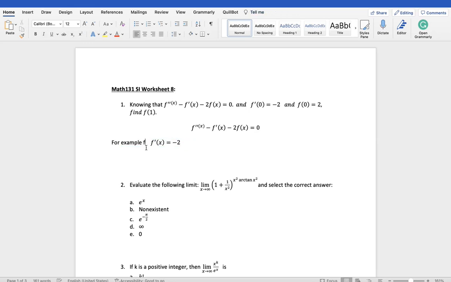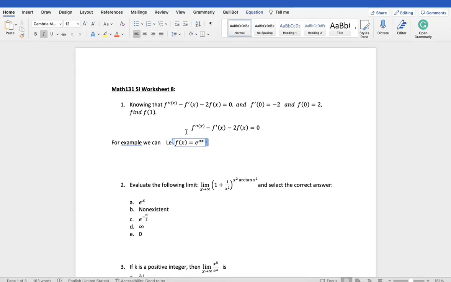What I will say here is, for example, we can let f of x, which is the function we're trying to find, be some function e to the ax, okay?